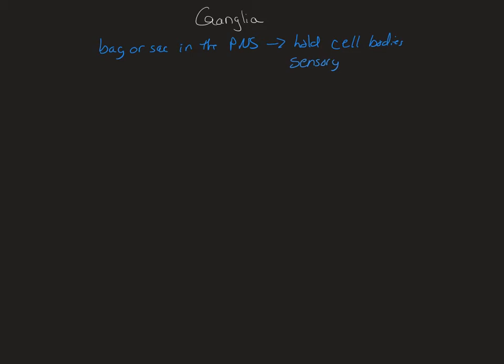All right, the most famous ganglion that we've talked about, everybody should be so sick of this ganglion, is the dorsal root ganglion. So ganglion is singular, ganglia is plural. And in the dorsal root ganglion, because it is the dorsal root, it is only sensory.